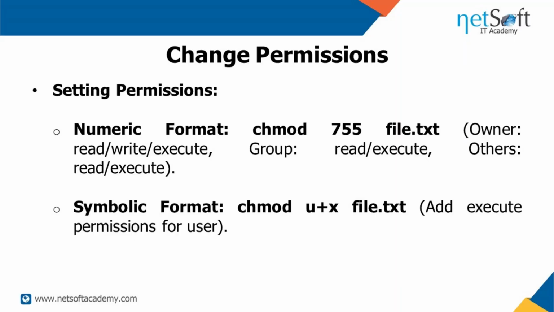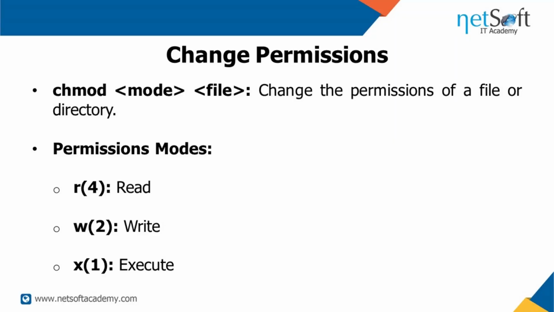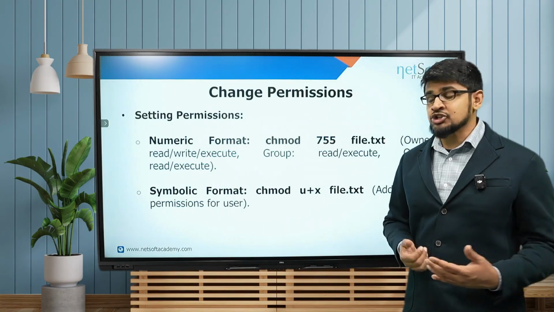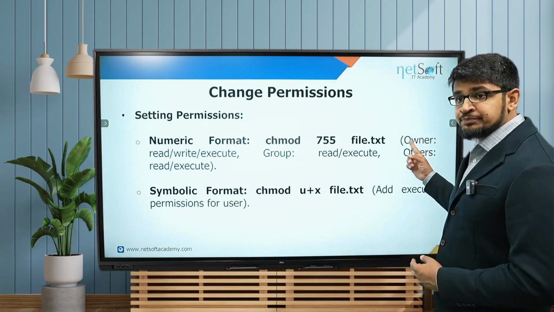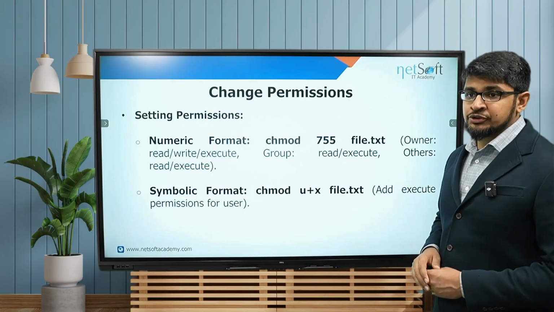It can be, again, represented numerically, where in the case of 755, 7 being all 3 bits, 5 being just the read and execute bit, and that last 5 being, again, the read and execute bit. So numerically, you can represent these permission sets for owners, for groups, and for everyone else.